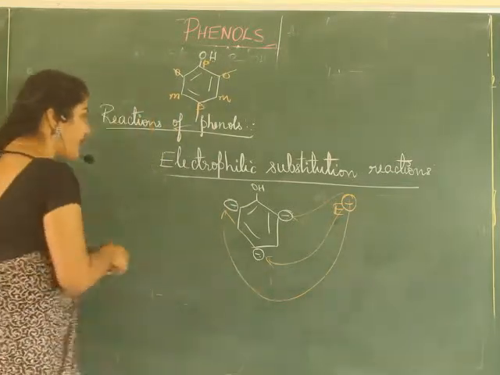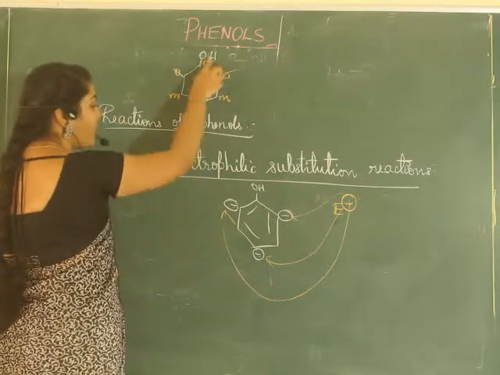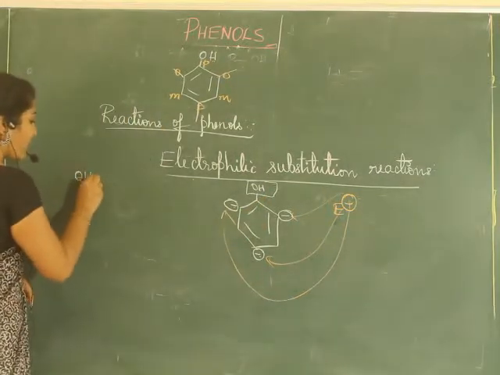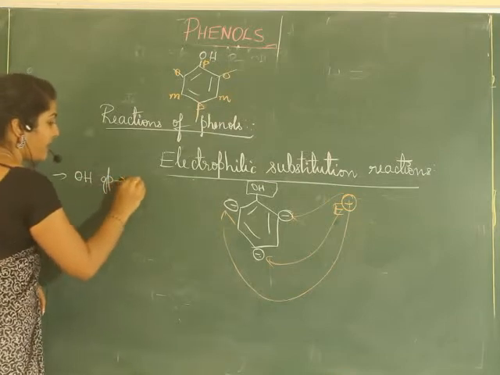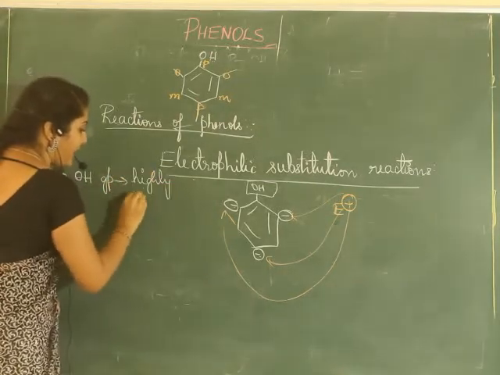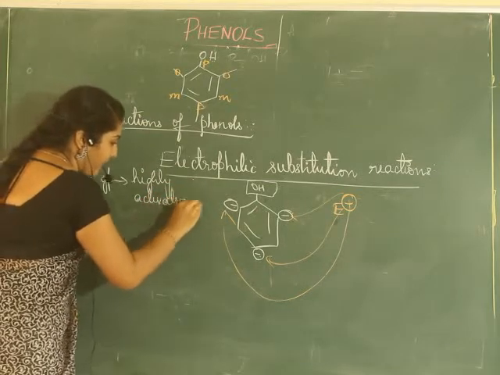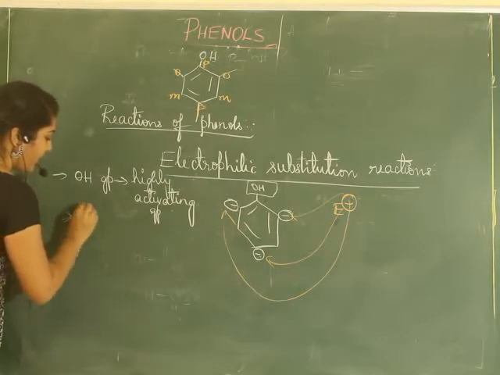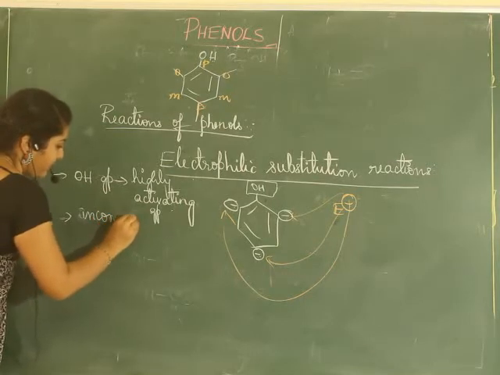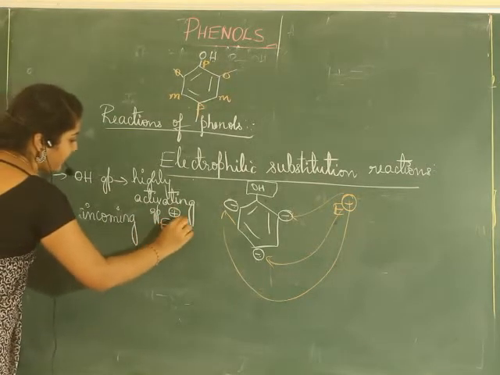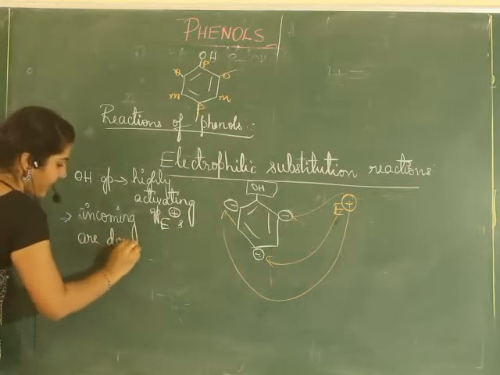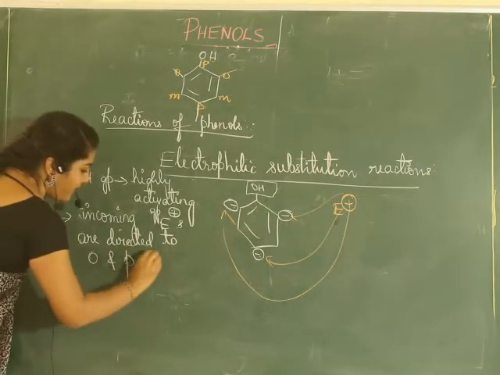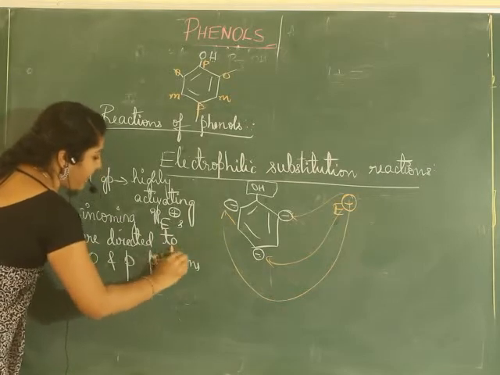So make a note that electrophilic substitution reaction takes place due to the OH group present, because the OH group is a highly activating group, and the incoming electrophiles are directed to the ortho and para positions.